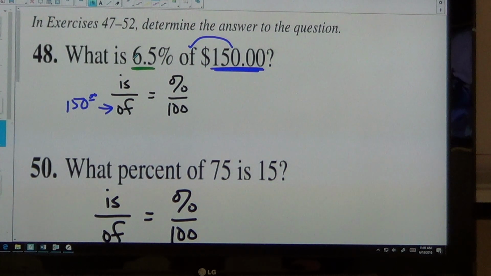Do you agree that 6.5 is next to is and is also next to percent? What trumps everything? Percent. It is riding dirty with the percent. 6.5%. So my percent is going to be 6.5. I don't have to whoop whoop anything because I know that that's a percent going in there. So you put in 6.5%.